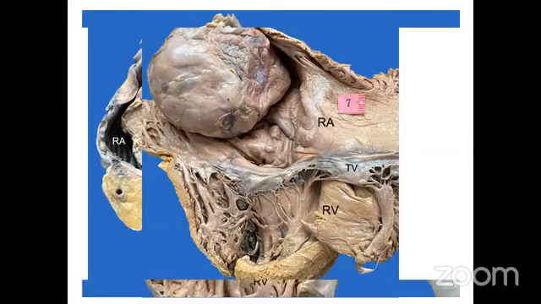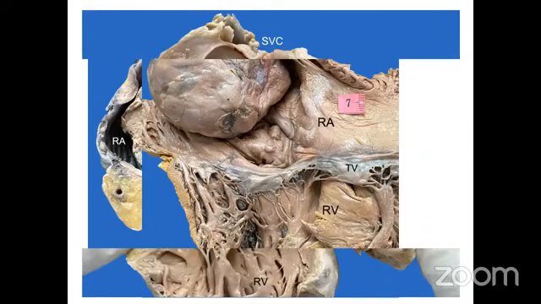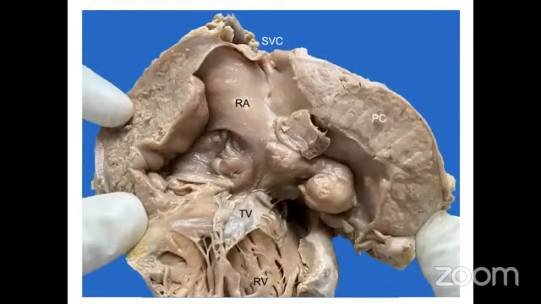And sometimes you can have certain inflammations which simulate tumor. So please note that there are multiple gray-white to pale brown polypoidal projections into the various walls of the right atrium.